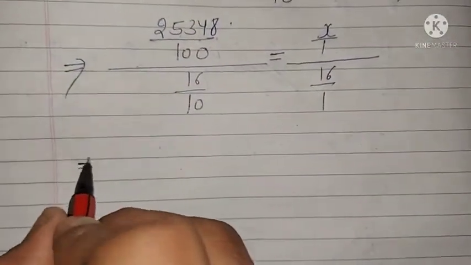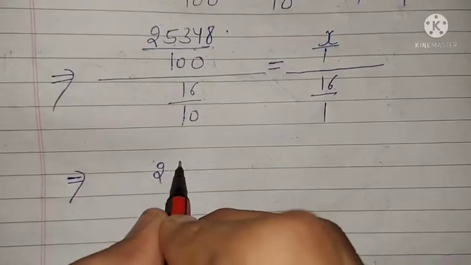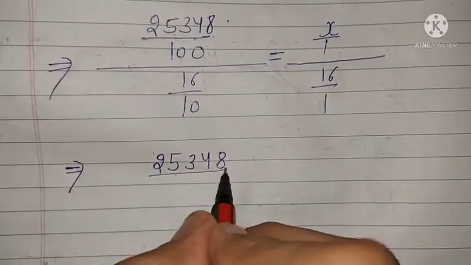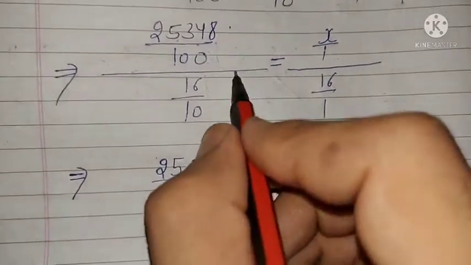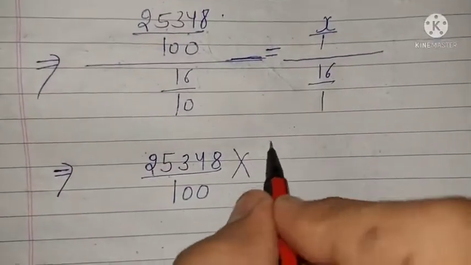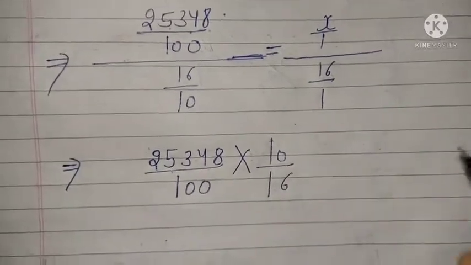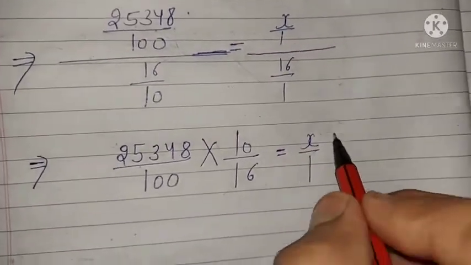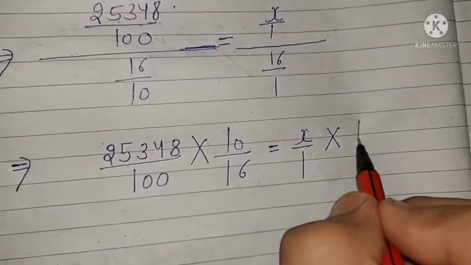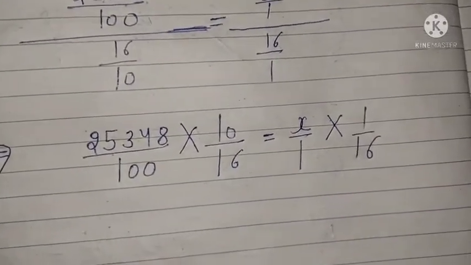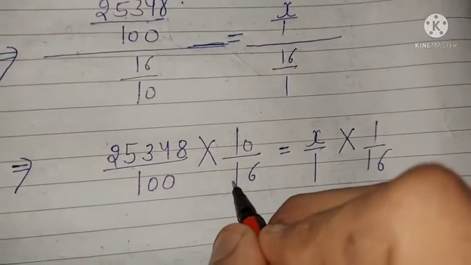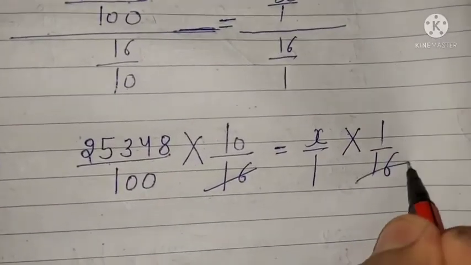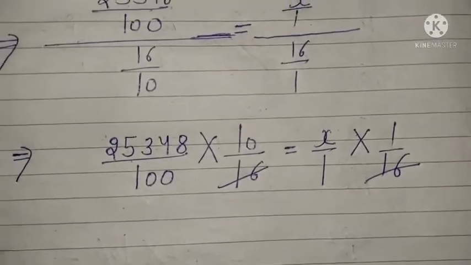Okay, it would be 25348 upon 100. It would be multiply, 10 would be upside, 16 would be lower side, and x upon 1 will be on one side, multiply 1 upon 60. If 16 is in the downside on this side of the equal sign, and 16 is at the denominator side of the right hand side, you can cut it.